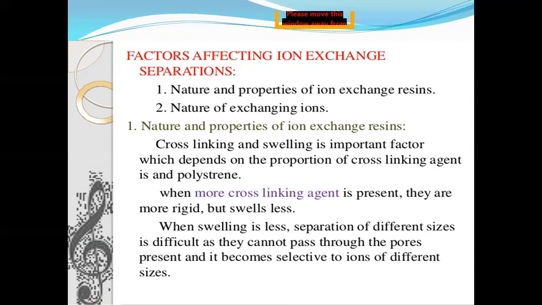And next, very important, our resin should have a larger number of cross linkages. If it has more cross linkages, it will be properly swelled, and only then will the ion exchange capacity be increased.